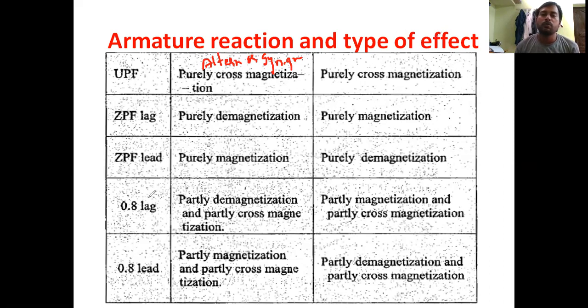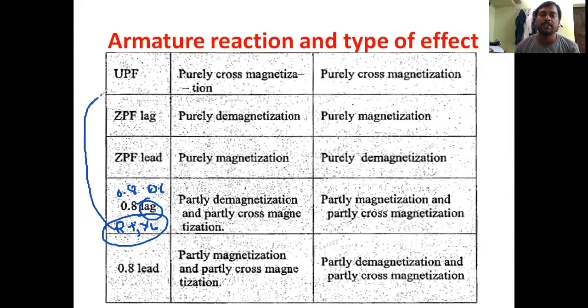And the remaining cases are, look at this one: 0.8 power factor, or 0.6 or 0.5, whatever it may be, 0.1 to 0.9 lagging. Between these, whatever it may be, both resistance effect and XL effect will take place.